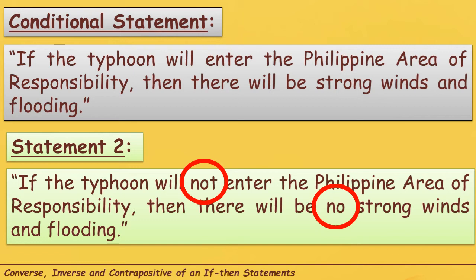Dito naman sa conclusion, doon sa ating original conditional statement, there will be strong winds and flooding. Pero dito sa statement number 2, there will be no strong winds and flooding. Nagdagdag tayo ng salitang no. Ibig sabihin yan, nag-negate ulit tayo.